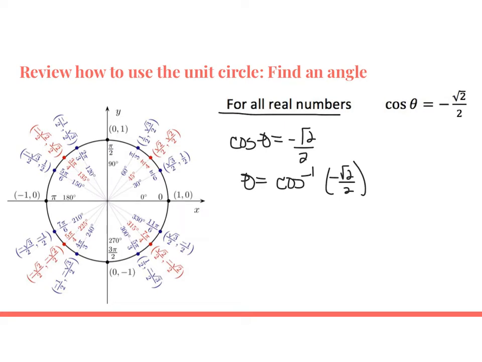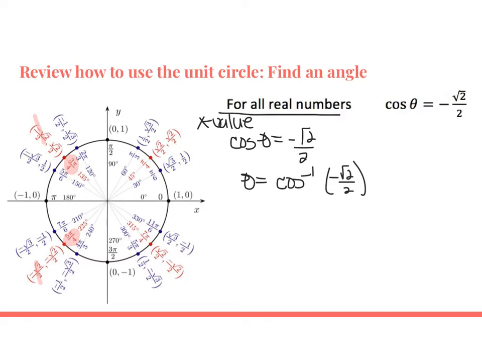So we're going to look, cosine is an x value. So we're going to look for a place on our unit circle in which our x value is equal to -√2 over 2. That happens in quadrant 2 and quadrant 3. Therefore our answers should be 3 pi over 4 and 5 pi over 4.